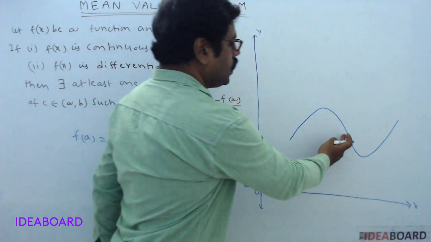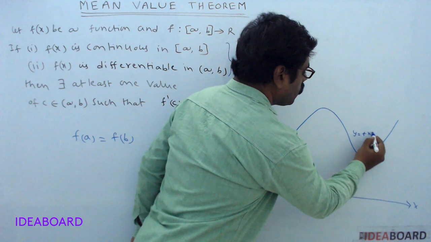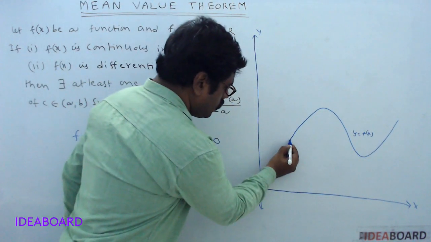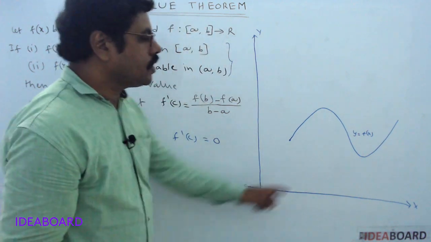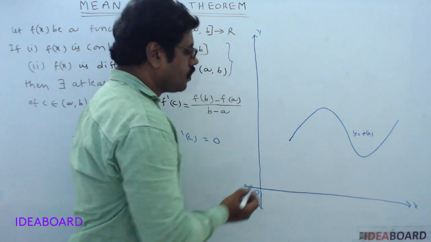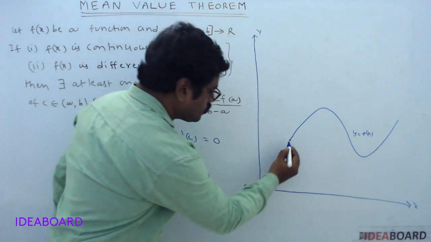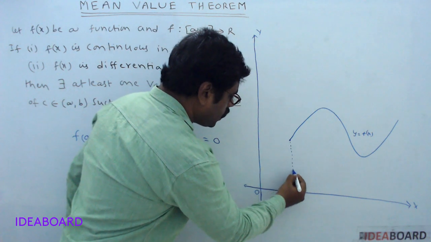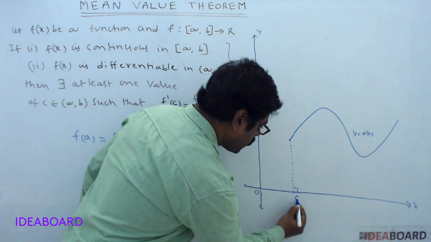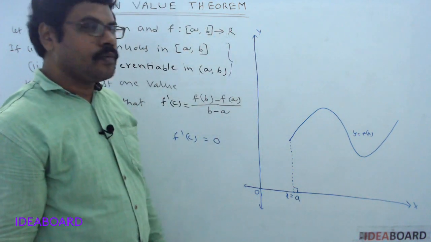Suppose this is the graph of the function y equals f(x). Now this is a point on the curve y equals f(x). Draw a perpendicular from this point onto the x-axis.